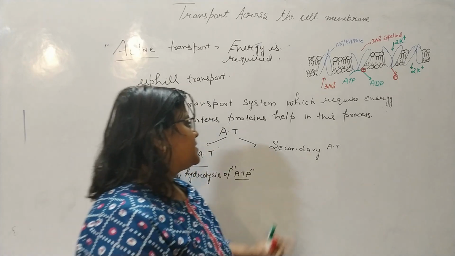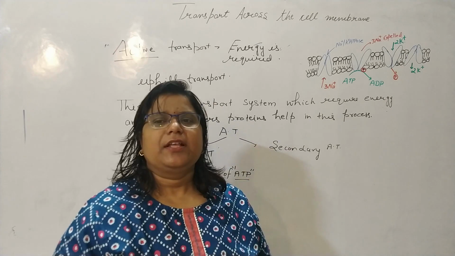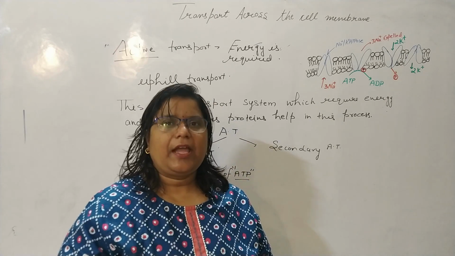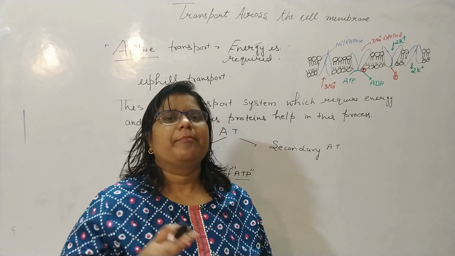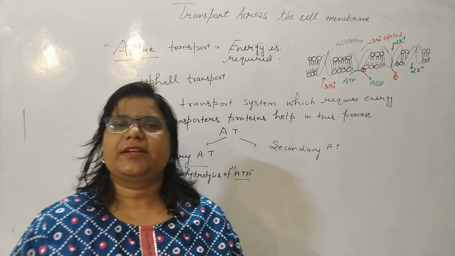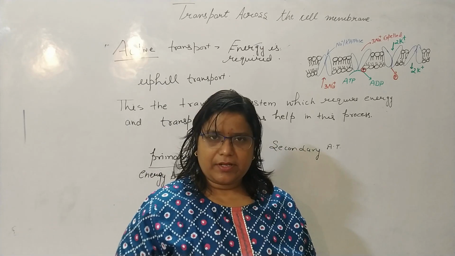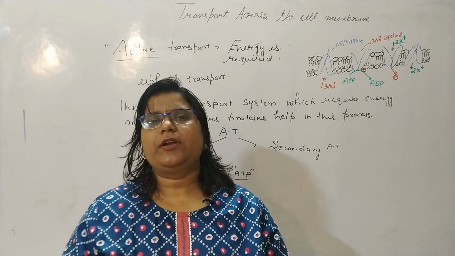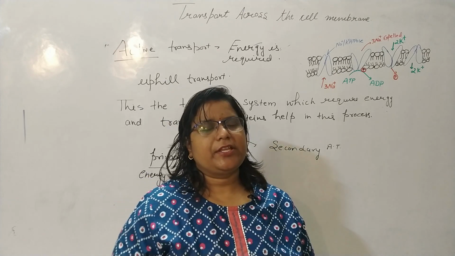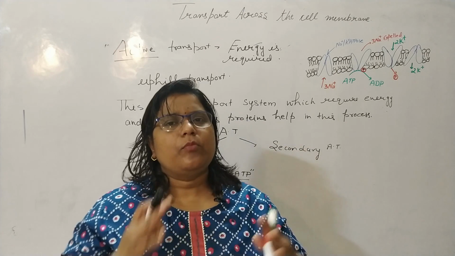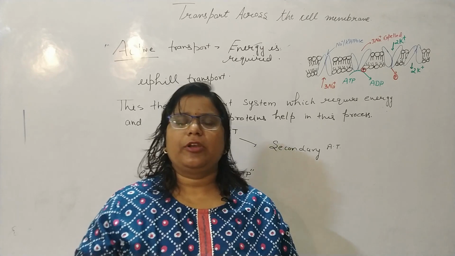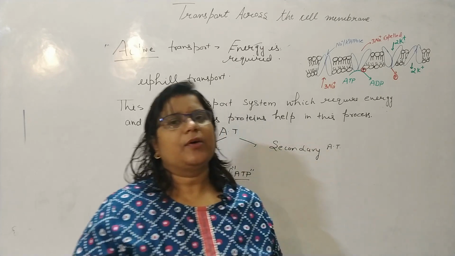Okay, whereas in the secondary active transport, the energy is stored, and by this energy, particular ionic concentration gradient will be reformed, and different antiporter and the symporter molecules help to move the molecule either the inside or the outside.